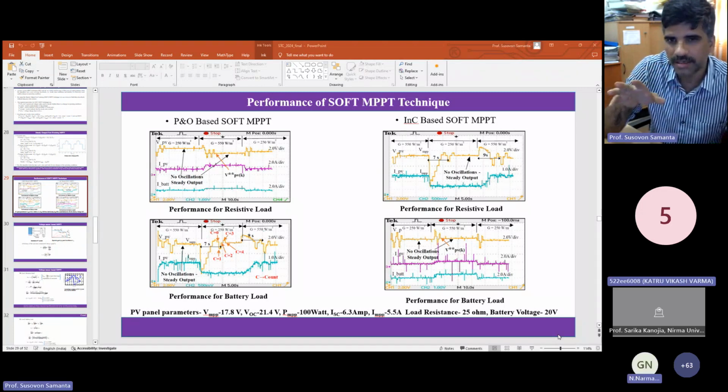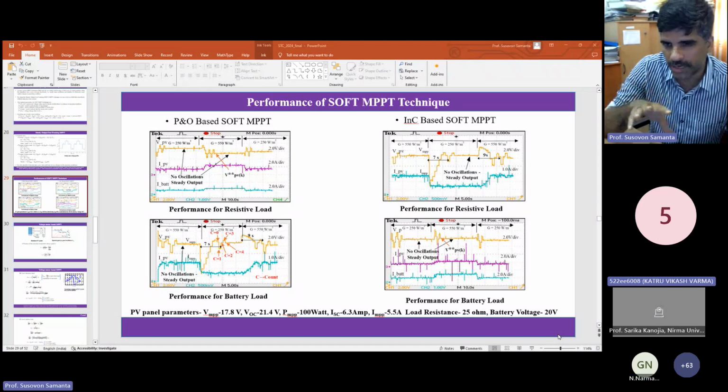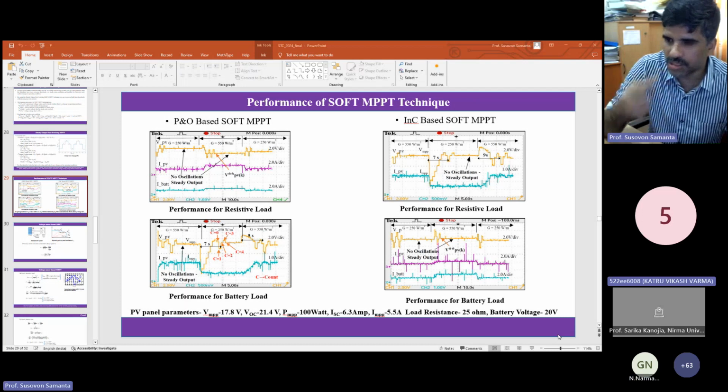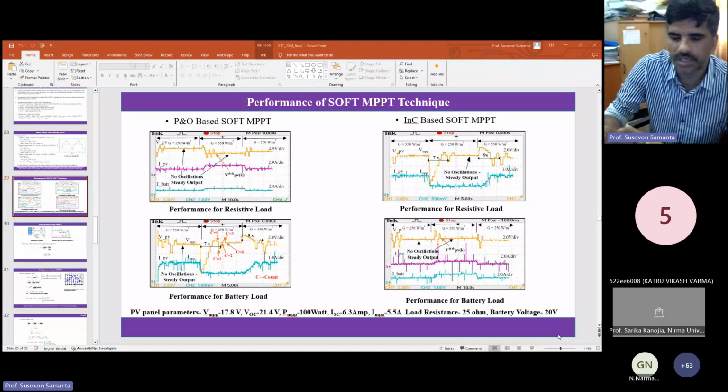No, as I said, see, this steady output and fast tracking. Steady output means our main objective is to lock the operating point around the MPP point when it reaches the steady state. So if you use this algorithm, at steady state, there will be no variation if there is no change in irradiation.